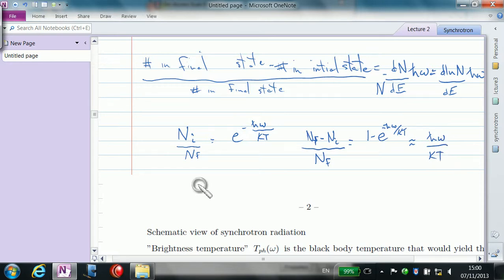So that means that kT is equal to n final over n initial times h omega, right? It's equal to d log n dE.